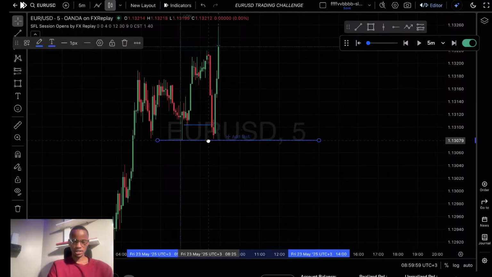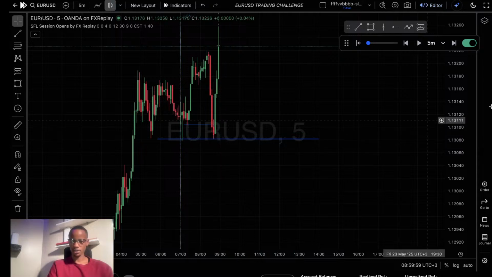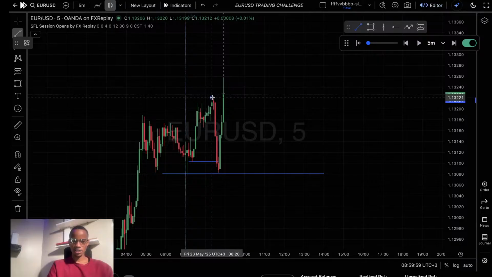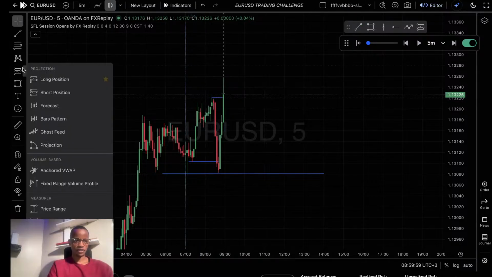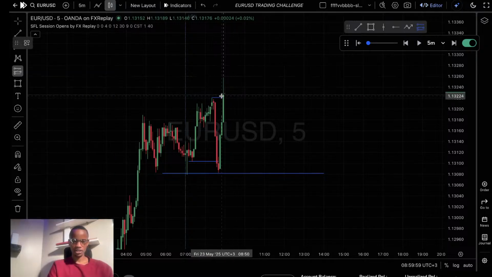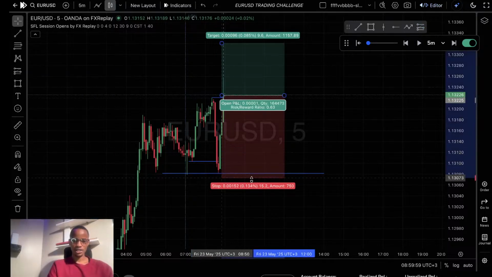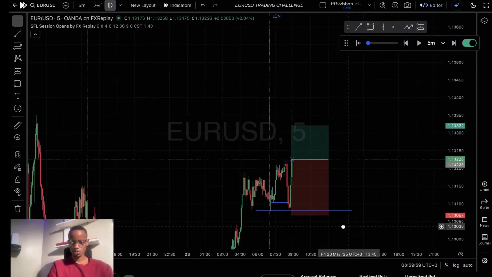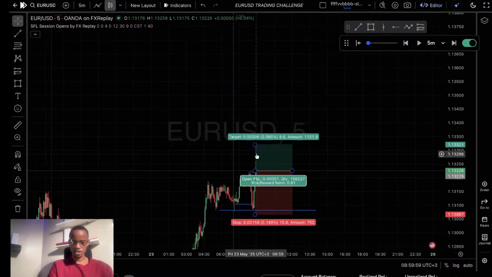But usually I would love to enter when this is taken out. And yeah, this is our confirmation. Since we haven't created a lot of confluences, we can just enter and see. We want to create so many trades.